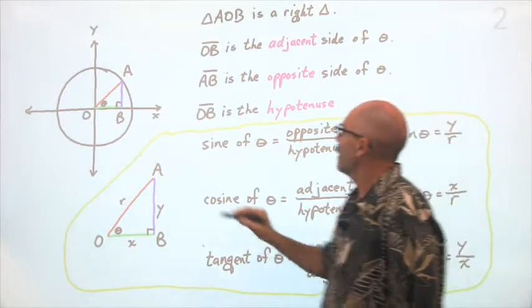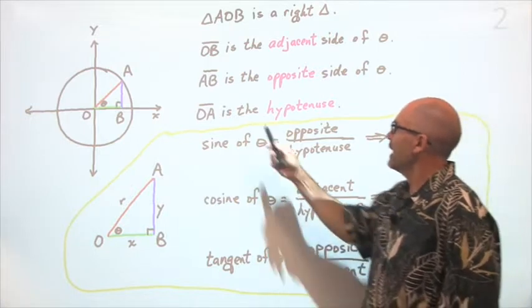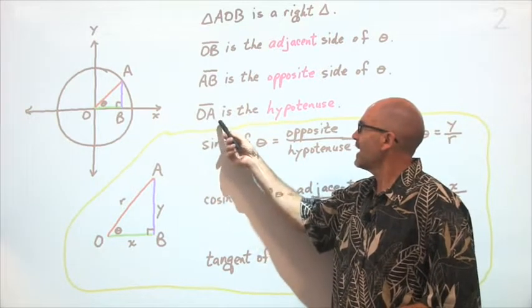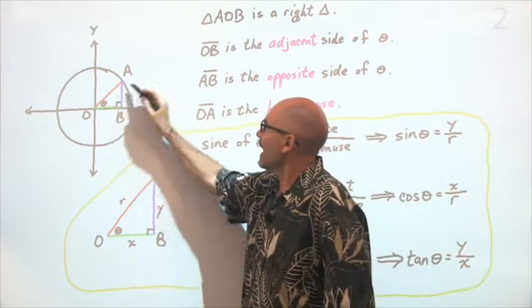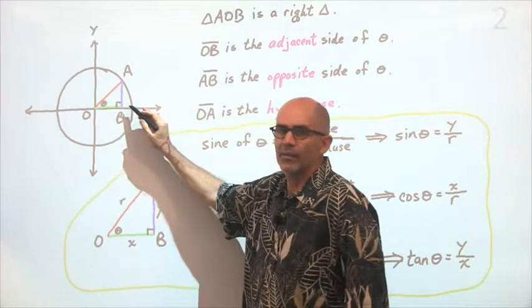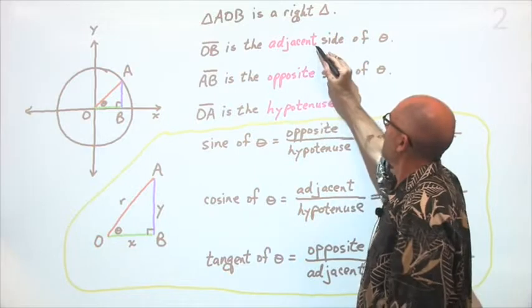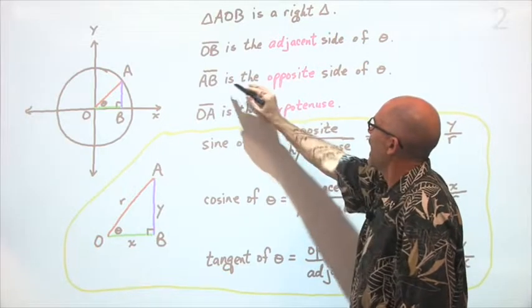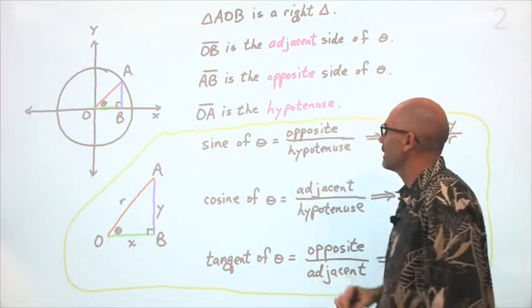The third side, side OA, is the hypotenuse. Notice, side OA is always opposite the right angle. That's what makes it the hypotenuse. So OB is adjacent, AB is opposite, and OA is the hypotenuse.